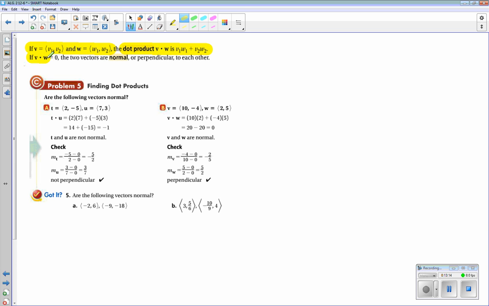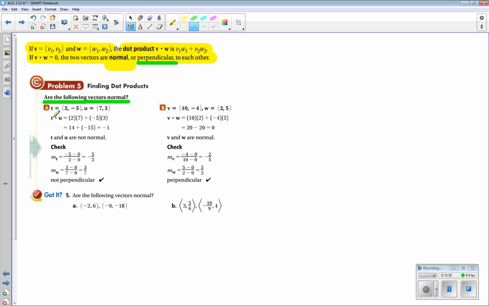If you get 0, the two vectors are normal, or perpendicular, to each other. So now we're throwing the word normal in, and it actually means perpendicular. So let's see. Are the following vectors normal? So are they perpendicular to each other?